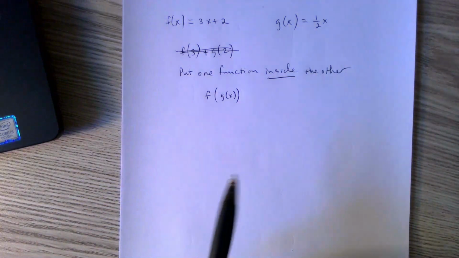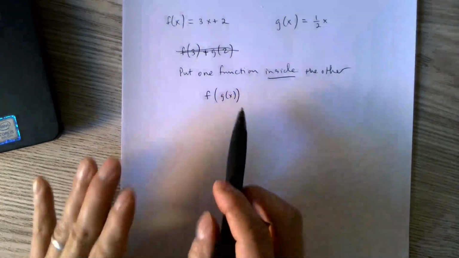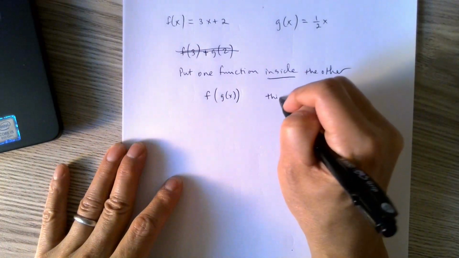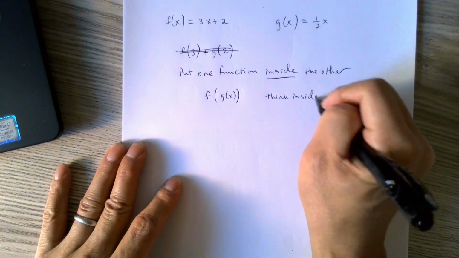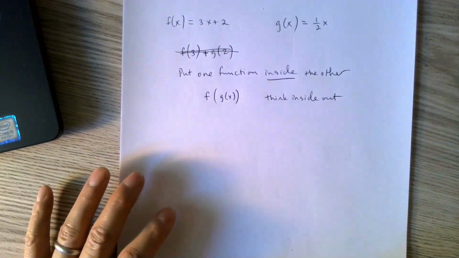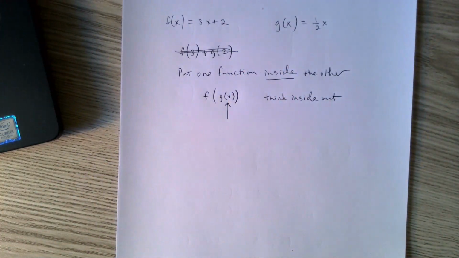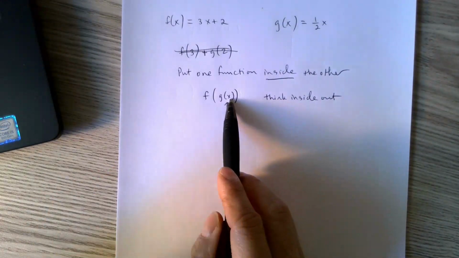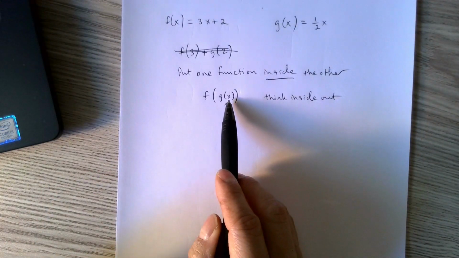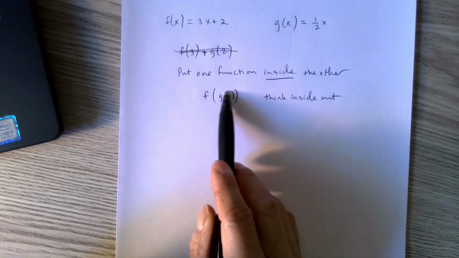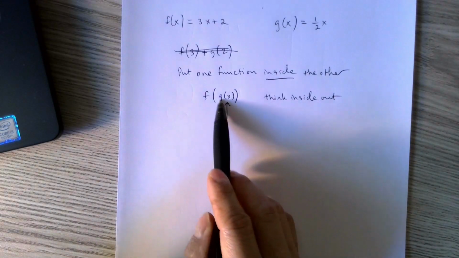Now what does that mean? Think inside out. So we start from the inside. The inside is right here. So I'm going to put something into g, like I normally do, and then I'm going to evaluate g of x.